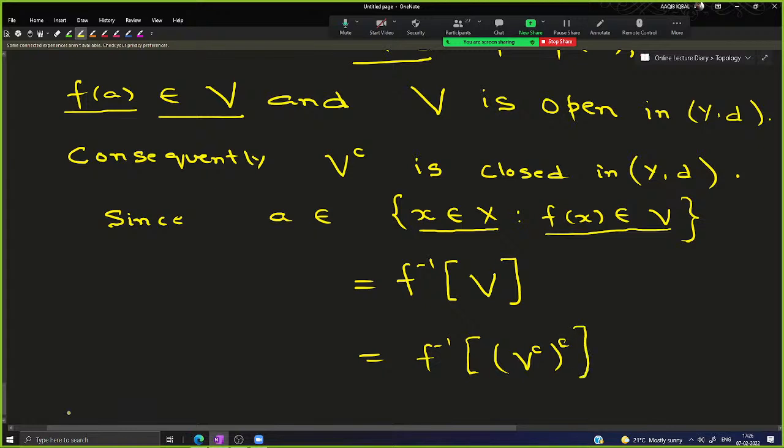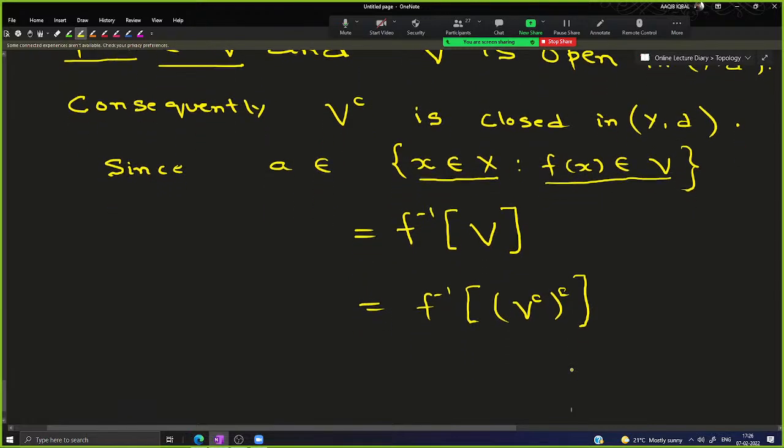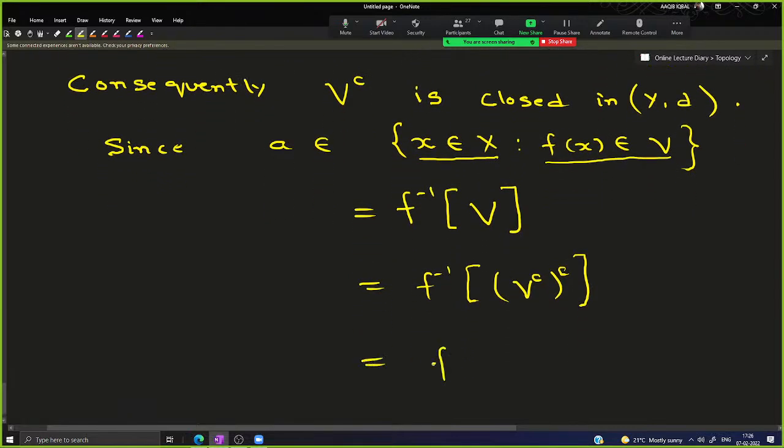Because if you take the complement of a set twice, it becomes the original set. And this is further equal to f inverse of v complement whole complement.